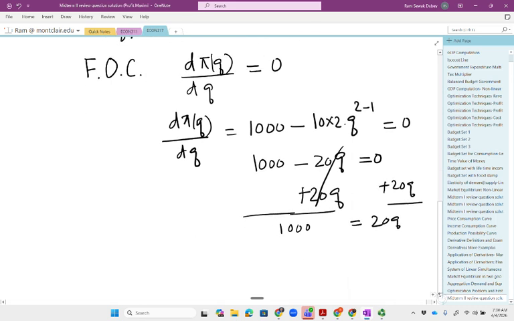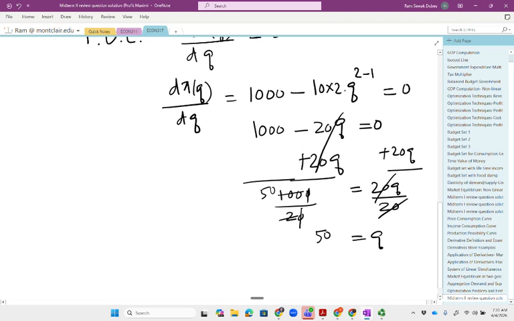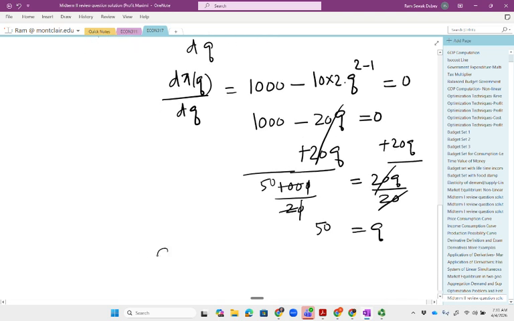Now we can divide both sides by 20 because I need Q by itself. So on the right hand side I have Q. On the left hand side, 1000 over 20 is 50. So this firm, if it is maximizing profit, must be selling output Q. I will write it as Q star equal to 50.